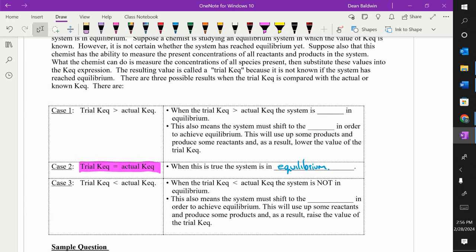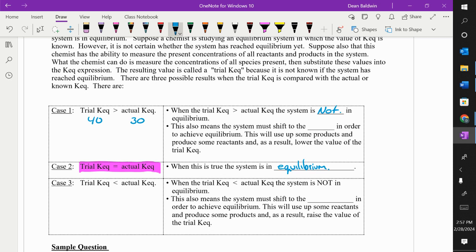Okay. The interesting part is when you're not. So if the trial KEQ is larger than the actual KEQ, obviously you're not in equilibrium. That's the first step. But then, which way does the system have to shift to get to equilibrium? Say your trial KEQ is, I don't know, 40, and your actual KEQ is 30. How do you make a KEQ become smaller?